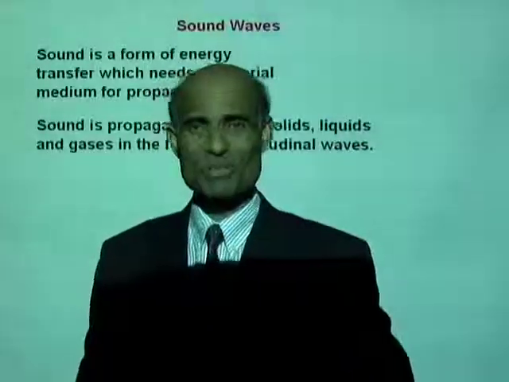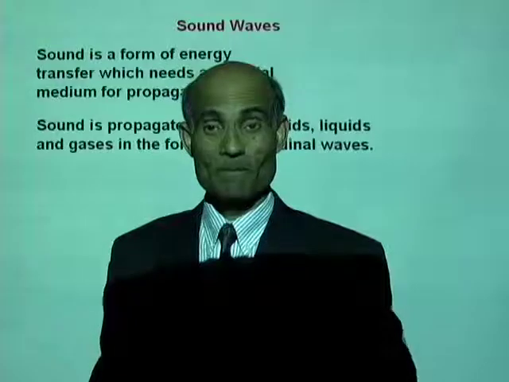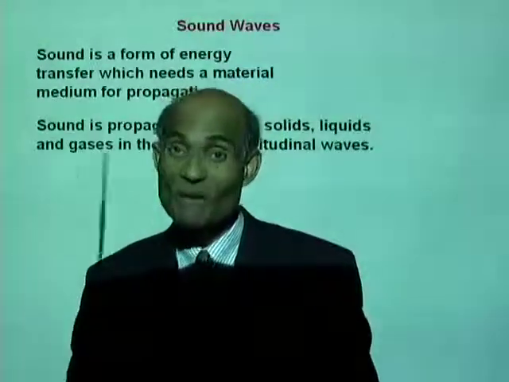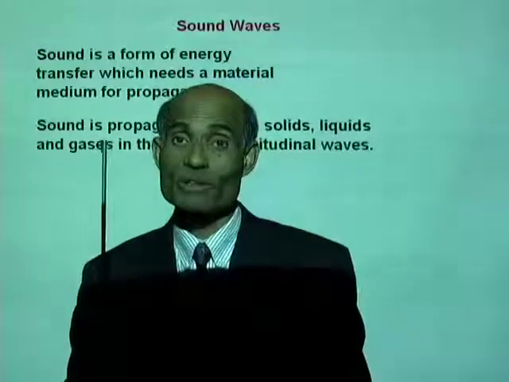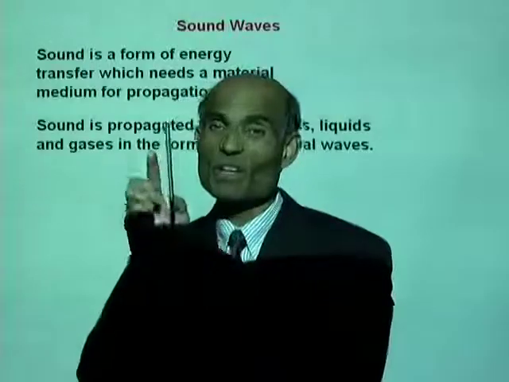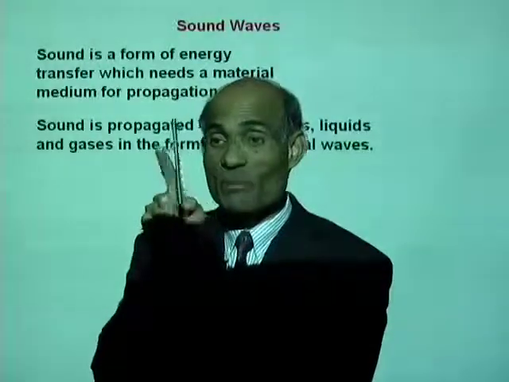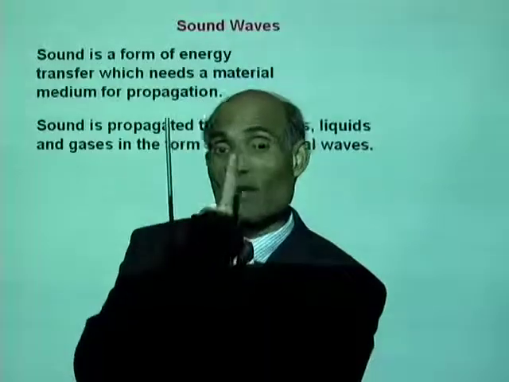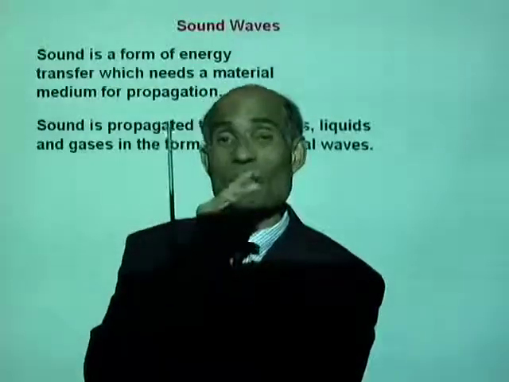What are longitudinal waves? In a longitudinal wave, the particles vibrate back and forth. The wave advances in the same direction. When I say the same direction, remember, it doesn't mean if the particle vibrates backward, the wave will move backward.